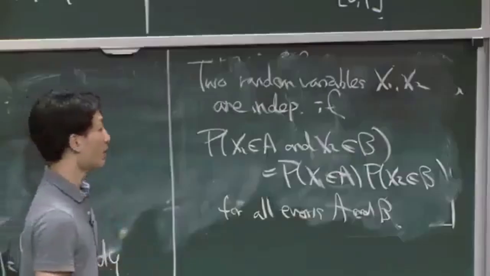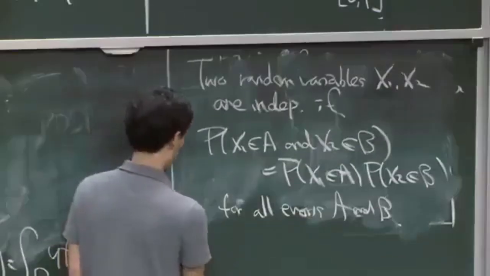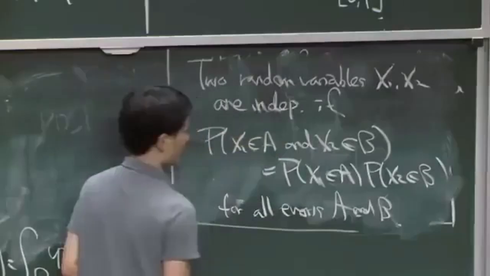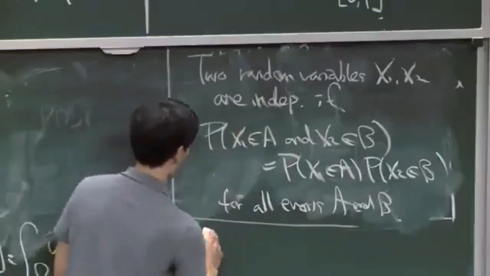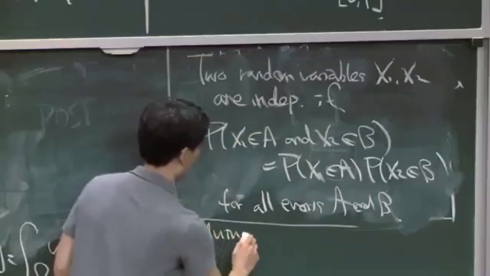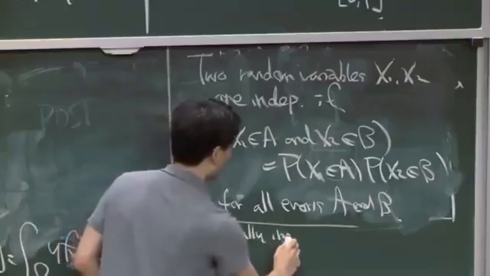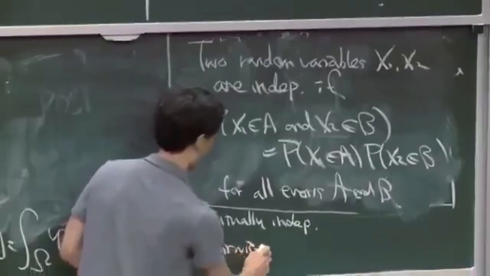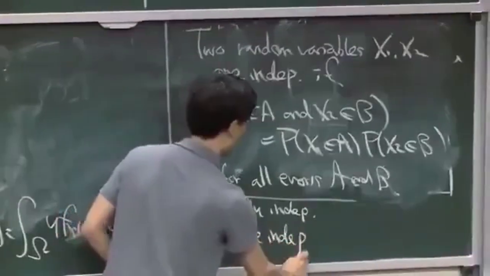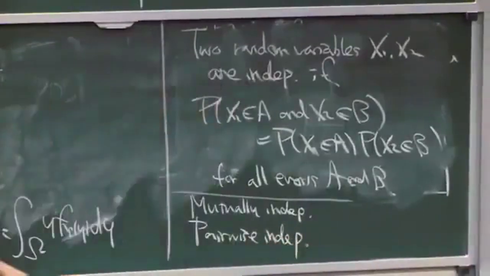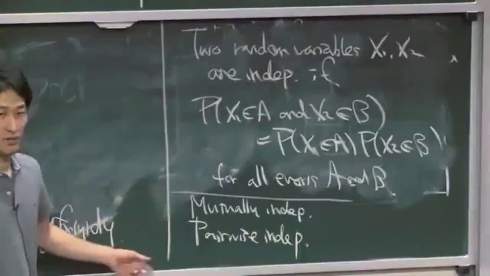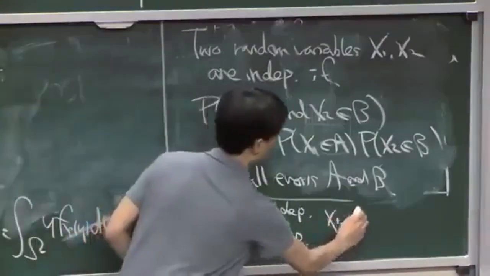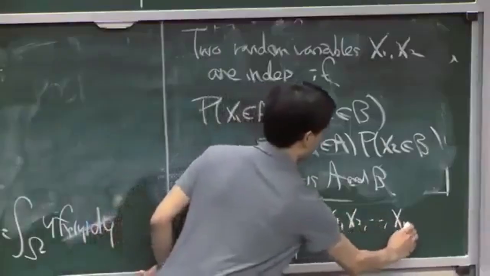There are several concepts of independence, but the two most popular are mutually independent events and pairwise independent events. Can somebody tell me the difference between these two for several variables, let's say X1 to Xn?